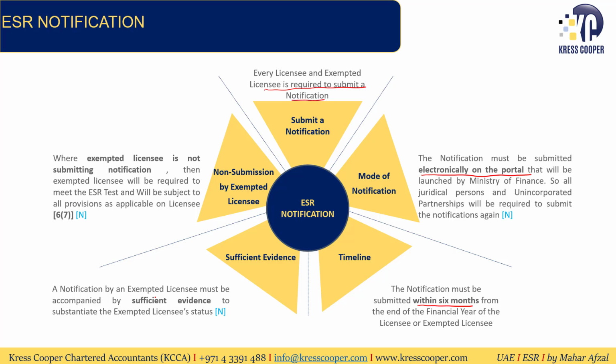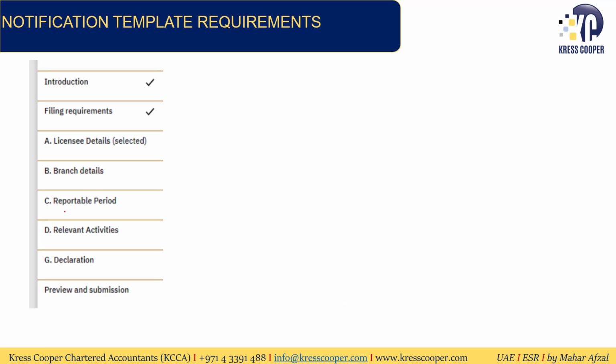A notification by an exempted licensee must be accompanied by sufficient evidence to substantiate the exempted licensee status. Where an exempted licensee is not submitting the notification, then the exempted licensee will be required to meet the ESR test like a normal licensee, which we had discussed as well.